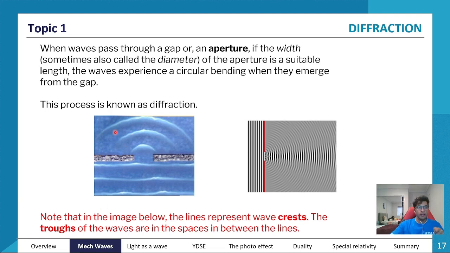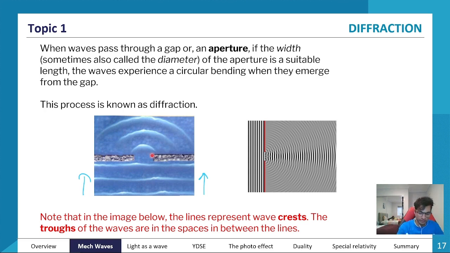So I want you to look at this image. I'll just quickly describe what's happening here. We have some waves. These are some water waves traveling through the water. And over here, we have some barrier. And the waves are going in this direction, and when they hit the barrier, these waves spread out.